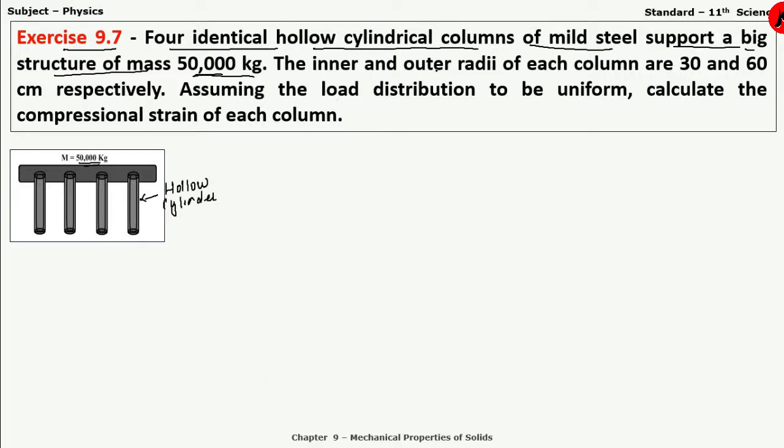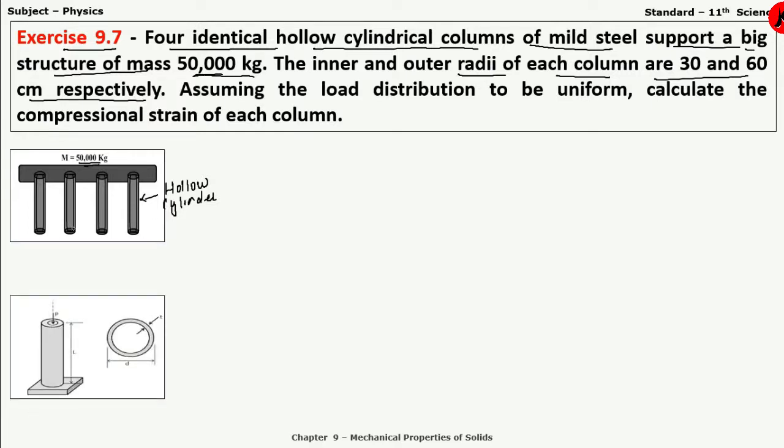Now the inner and outer radius of the columns are 30 and 60 centimeter respectively. The inner and outer radius of each column is given. So let us consider only one column among all four. From this figure we can see the inner radius and the outer radius.